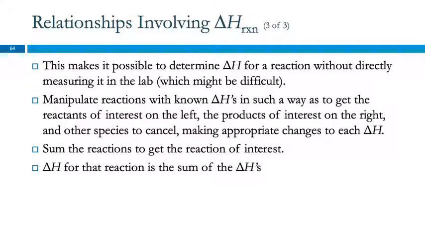So this is how we can determine delta H for a reaction that might be difficult or impossible to measure. We take reactions where the delta H's are known, and we manipulate them so that they add up to give us the desired equation. And we add up the delta H's.